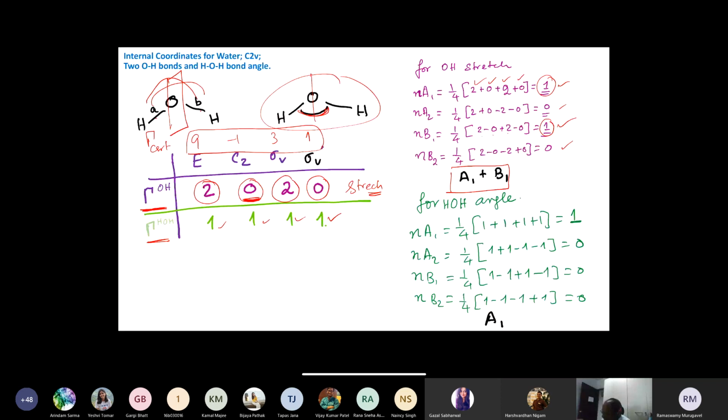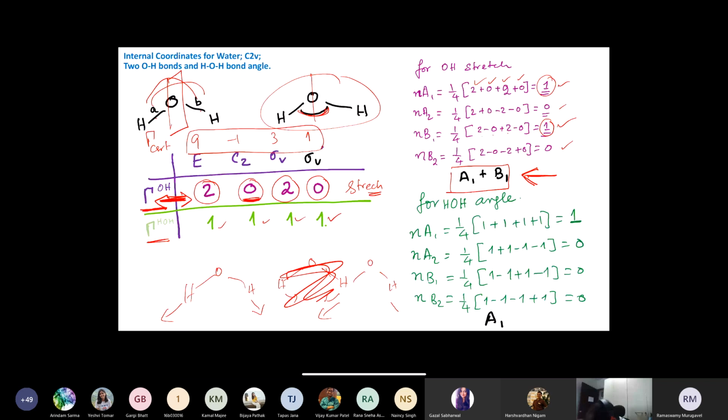Now, without doing any of these things, by operating upon only the bonds, the internal coordinates, I directly come to the result of A1 and B1, which is your symmetric stretch and the asymmetric stretch. One is expansion, the other one is contraction.